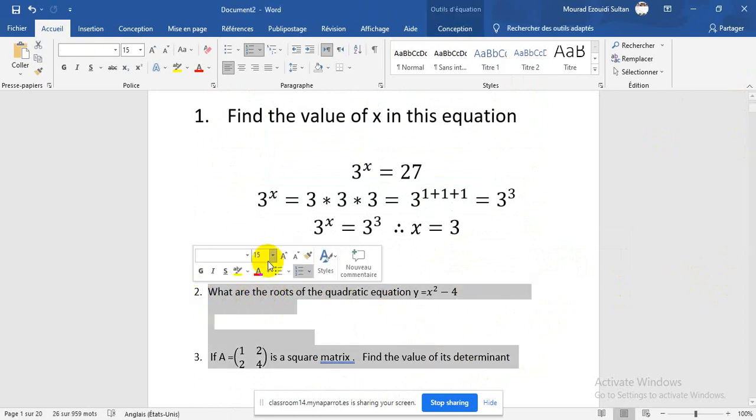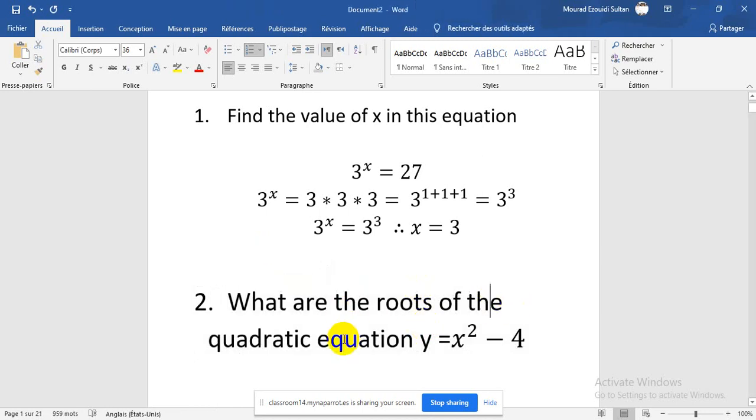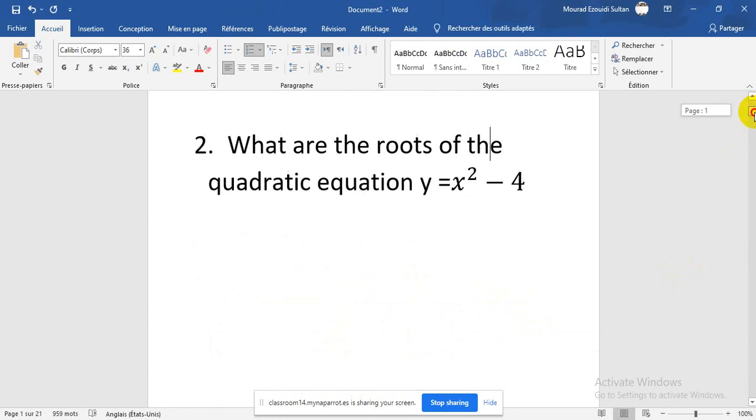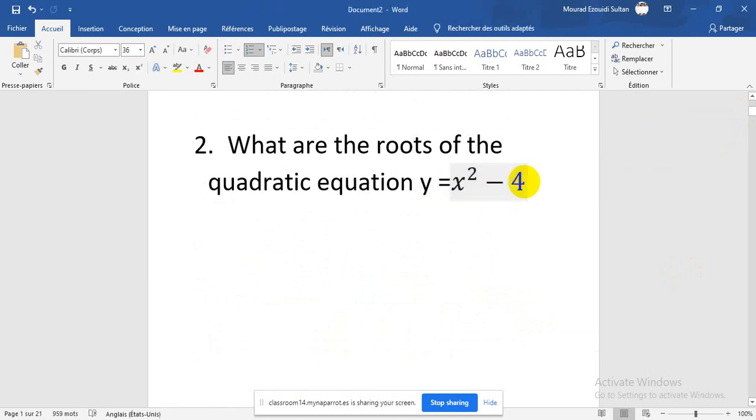Okay, question number 2: what are the roots of the quadratic equation y equals x squared minus 4? In order to solve this kind of quadratic equation, my learners, you should put y equal 0.